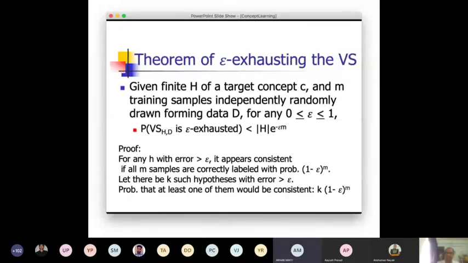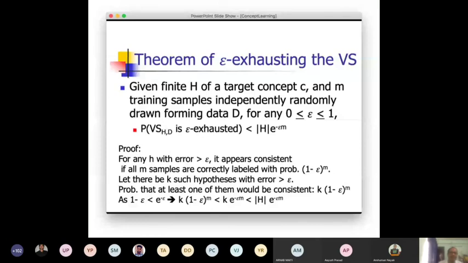Okay. So now you can see that this particular term, k times (1 minus epsilon) to the power m, is bounded by this value, mod h, that means size of h, times e to the power minus epsilon m. That's a little mathematical jugglery, but it is very useful and applied in many cases.